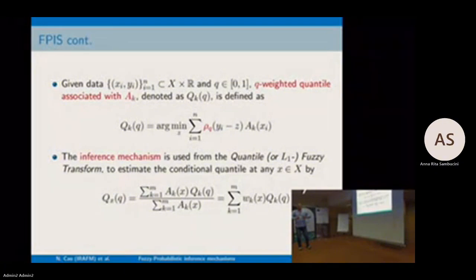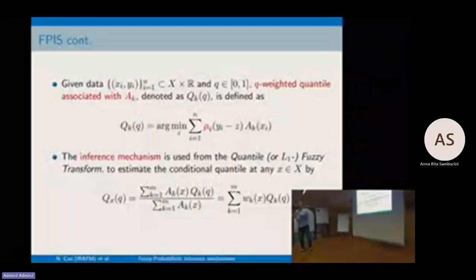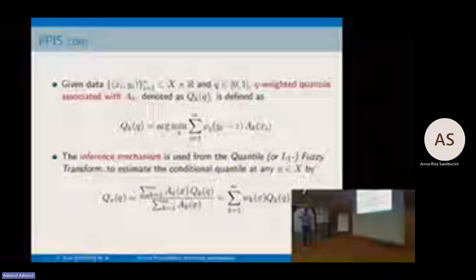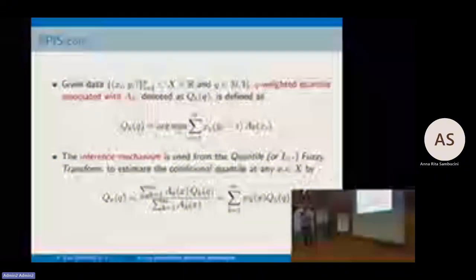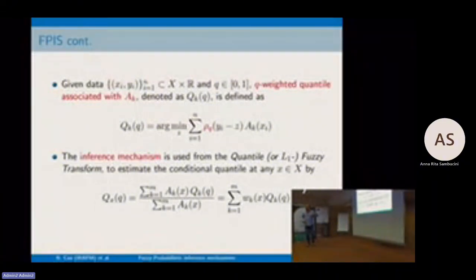Now the question is, okay, we can find it for all fuzzy sets, for all nodes, in the same way as for the fuzzy transform. So how do we determine the distribution function for any x from the space X? We use some inference mechanism, and the first motivation was to use the same approach as the fuzzy transform, the quantile fuzzy transform.